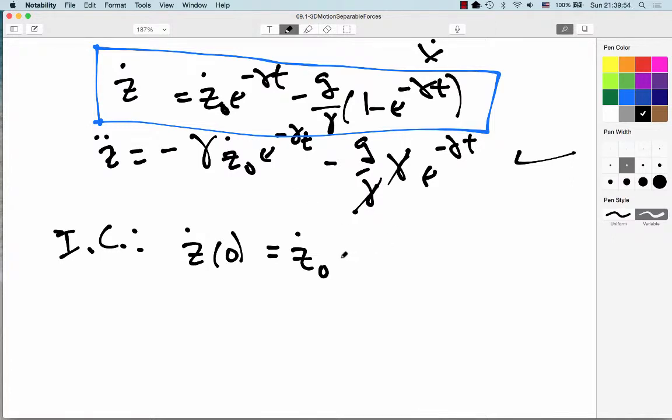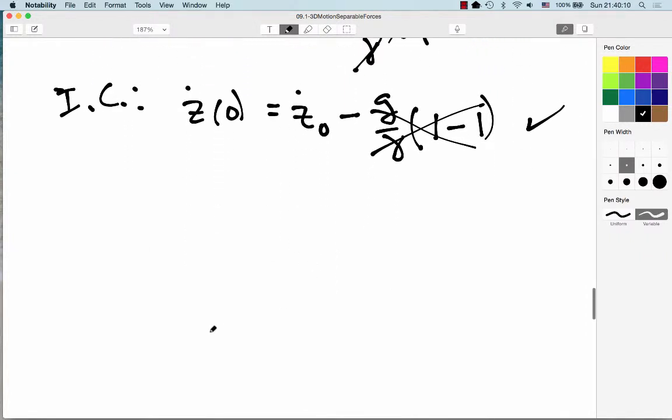That's good. Minus g over gamma, that looks a little scarier, times 1 minus e to the 0, but e to the 0 is 1, so that term drops. So yes, the initial conditions check. We'll let the initial position be the origin.